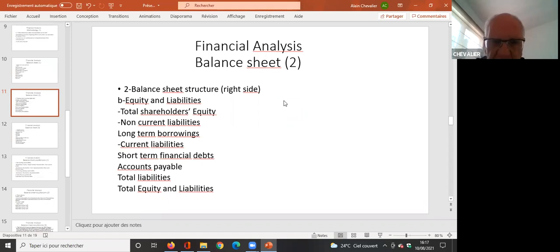After that, we find non-current liabilities. In non-current liabilities, we have mainly long-term borrowings. Long-term borrowings come from two categories. We generally divide these long-term borrowings between bank loans and bonds issued on the market. What's happening at the moment?